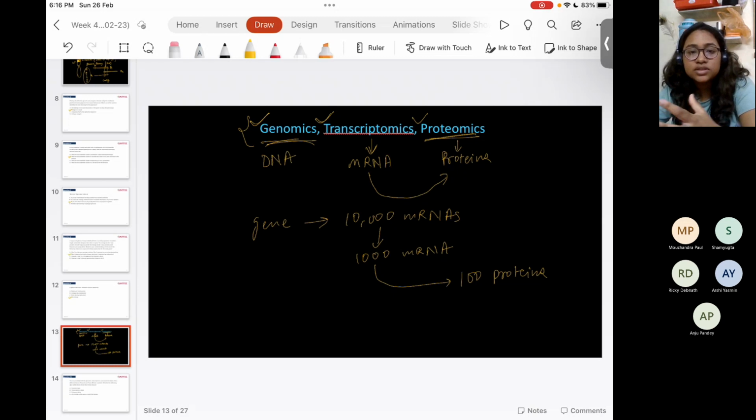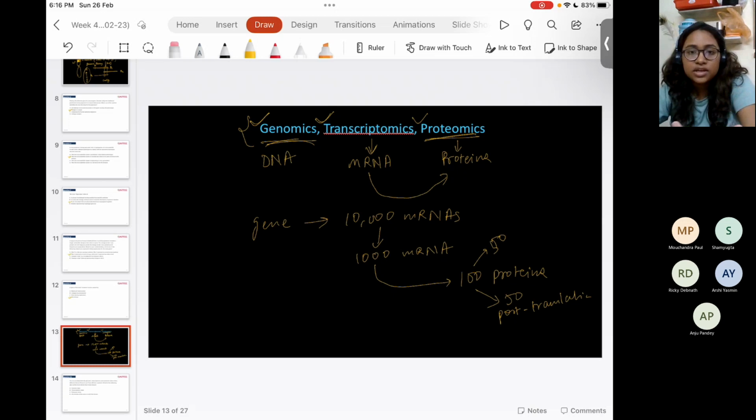This is how the cell regulates each step, right? Now within the 100 proteins, say half of them are functional in their native form. The rest, 50%, can undergo post-translational modification.